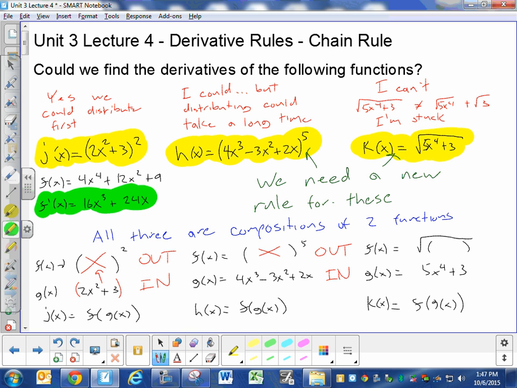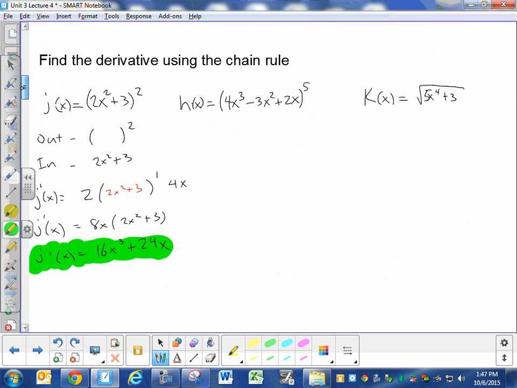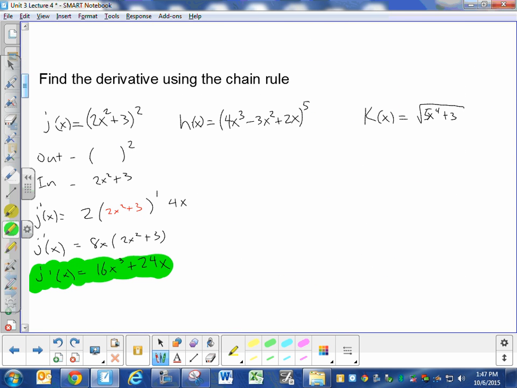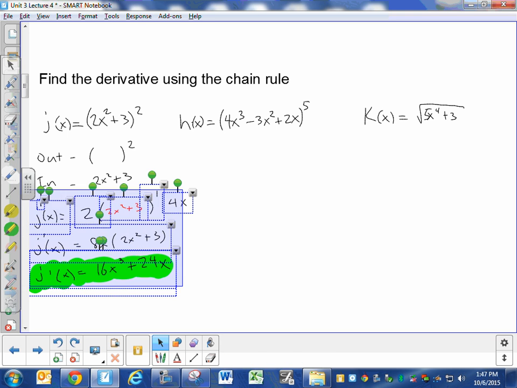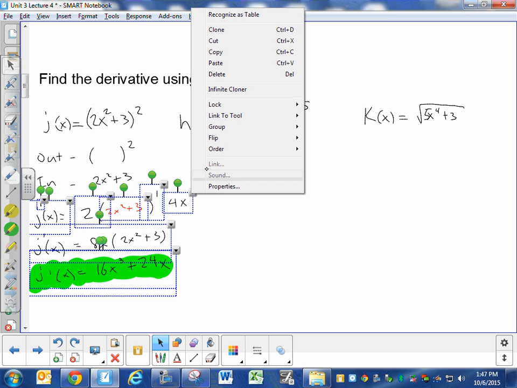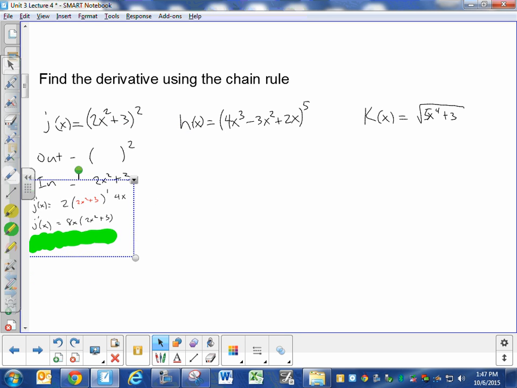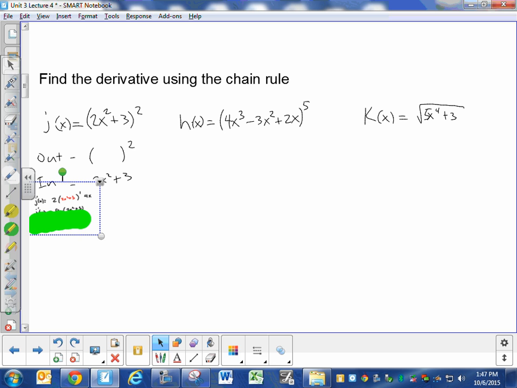You will have to use the chain rule for h and for k, functions like that. So let's take the derivative with our new rule of h and k. I'm going to shrink this part first, and we'll do it together. First thing to do, write down what's your outside, what's your inside.